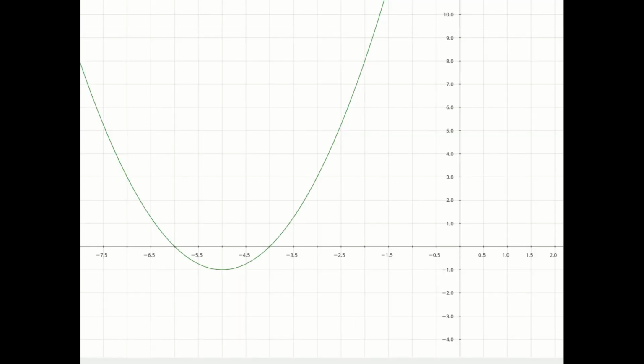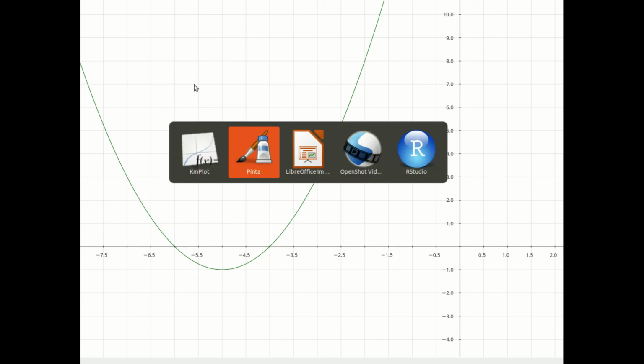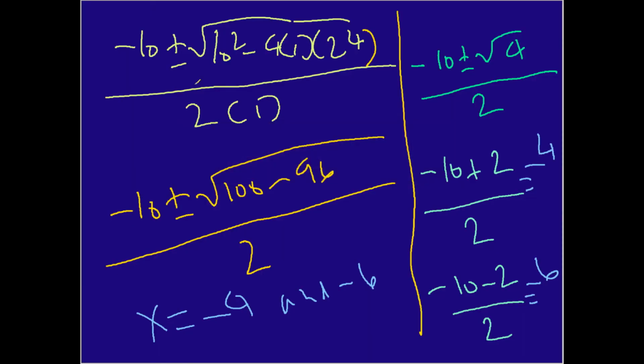And so off to the left, you probably can't see this on your own screen, I have the actual function here, and that's kind of how we got the answer. So we graphed it, and we also solved it by hand, and so we know the answer for this particular quadratic equation is -6 and -4. So let me go back and explain what I talked about, and we'll wrap this up.